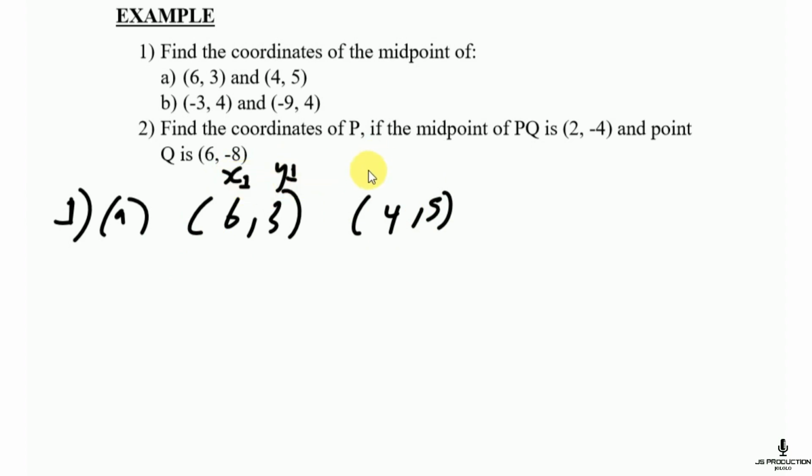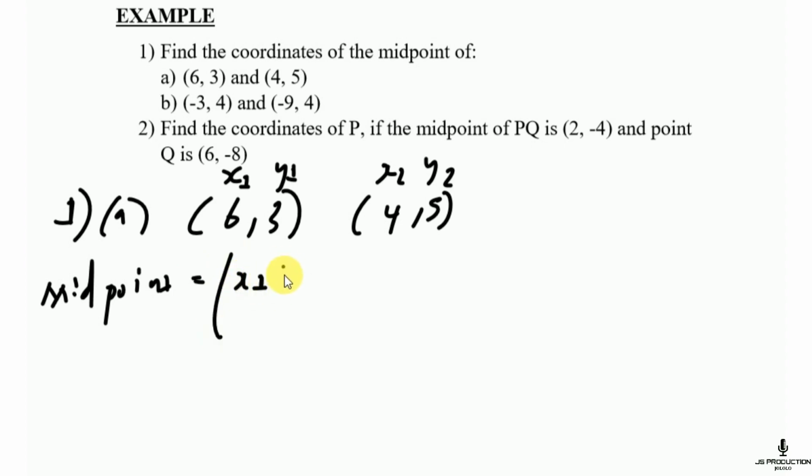I'm also supposed to indicate my x2 and my y2. After I've done that, I'm going to write down the formula. I know that midpoint is equal to x1 plus x2 divided by 2 comma y1 plus y2 divided by 2.